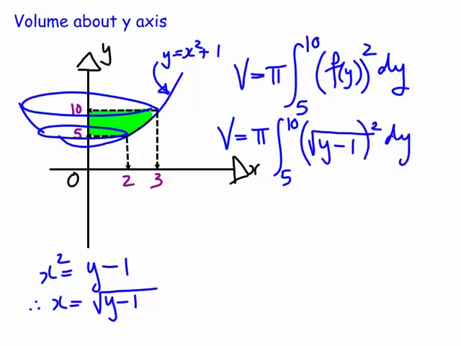The square root of something squared is just the something, so the volume is pi times the integral between 5 and 10 of y minus 1 dy.